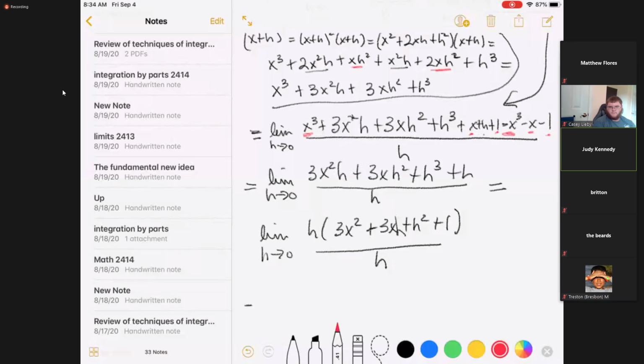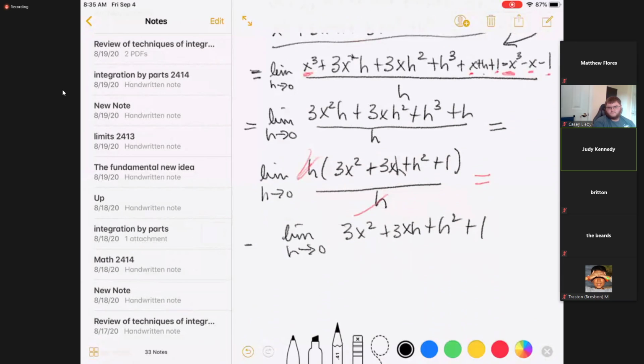All right, so now I can cancel out those h's. And my 0 over 0 problem's gone. So we have 3x squared plus 3xh plus h squared plus 1.